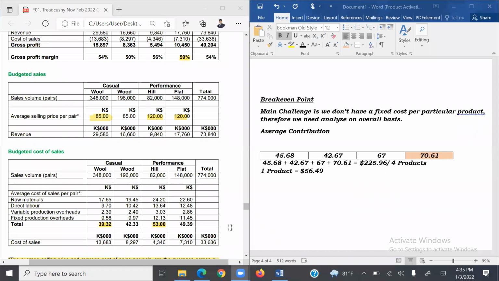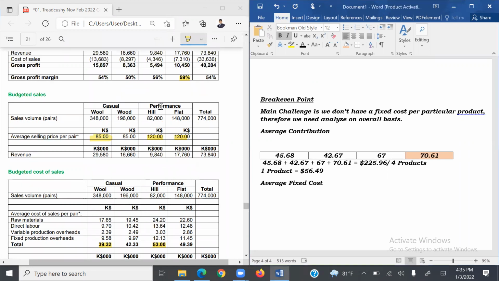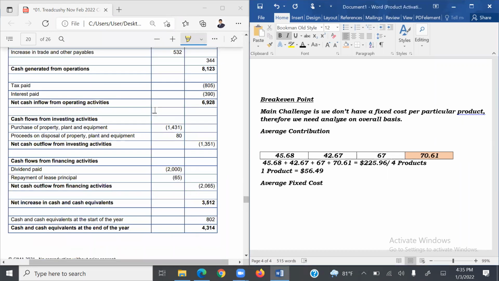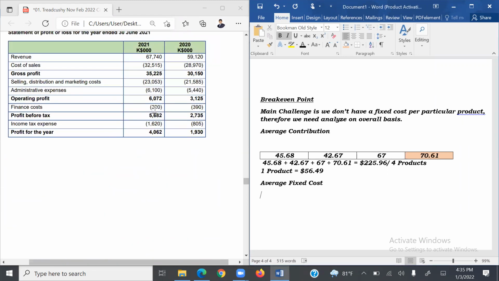So the next thing, students, what we will do is let's go for the average fixed cost. Now, students, I will take the percent of profit or loss. So we have the following things: selling and distribution.